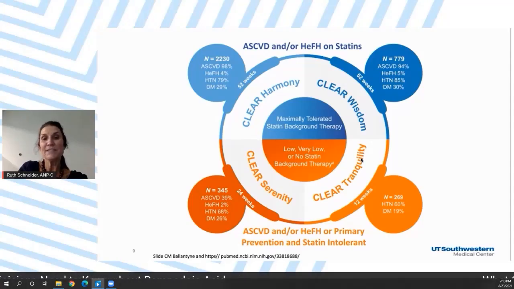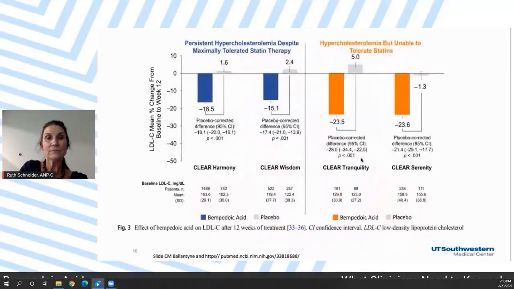Total number of participants were 269. 60% had hypertension, 19% had diabetes. None of them had ASCVD or heterozygous FH. In Clear Serenity, this was a 24-week trial. Basically, total number of individuals in the trial, 345. 39% had ASCVD, 2% had heterozygous FH.